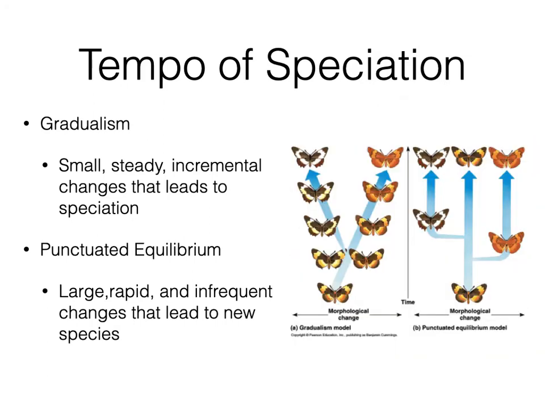And to represent that, here is a graph or schematic looking at an evolutionary tree and the different tempos of speciation. On the left-hand side we have the gradualism model, and you can see from the bottom this original ancestral species, and over time the rate at which that population changes into new species is relatively constant.